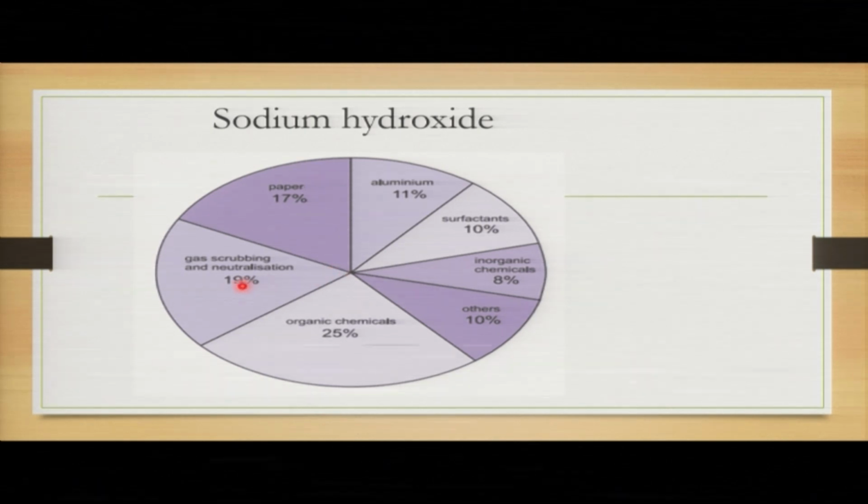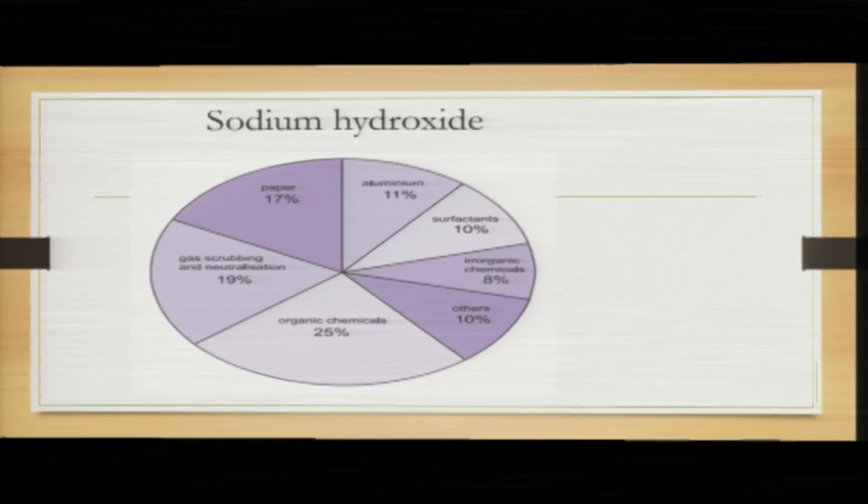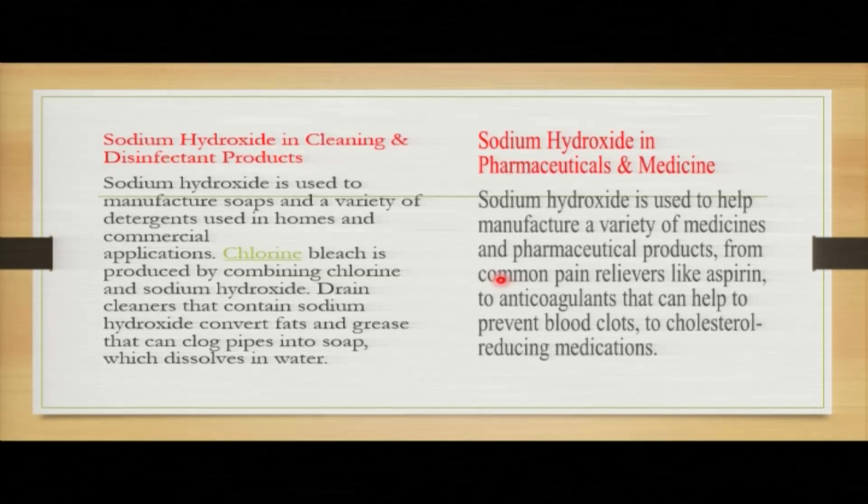Gas scrubbing and neutralization takes 19%. Organic chemicals take 25%. Surfactants, which include soaps and detergents, take 10%. Others take 10%, and other inorganic chemicals take 10%. But let's look at them in detail.